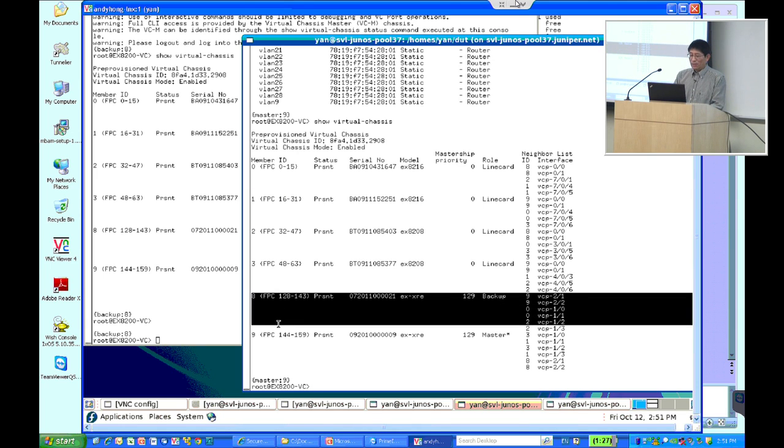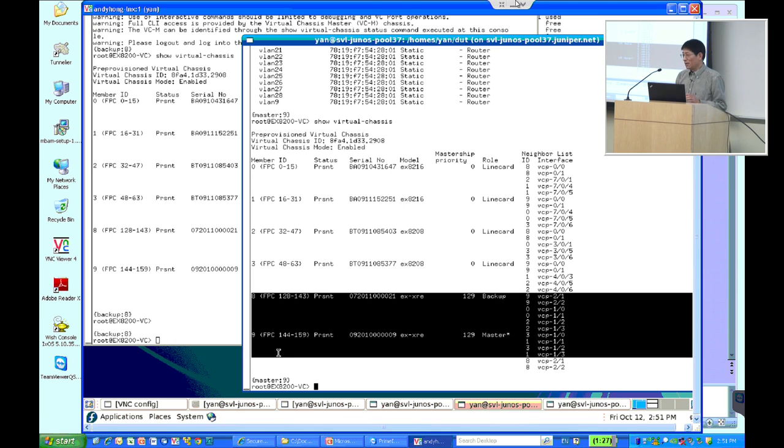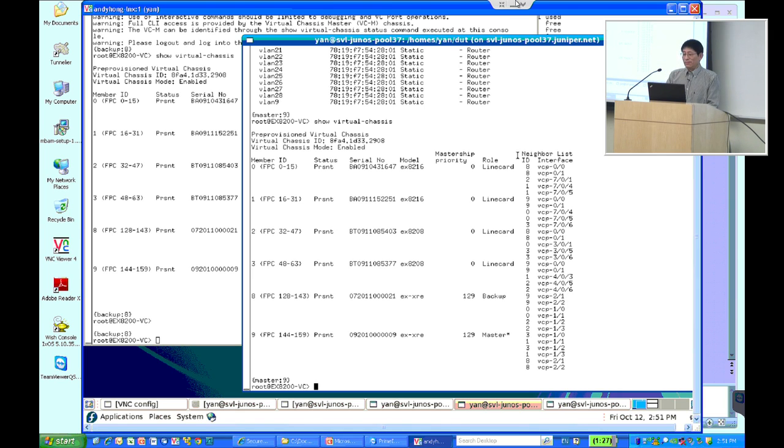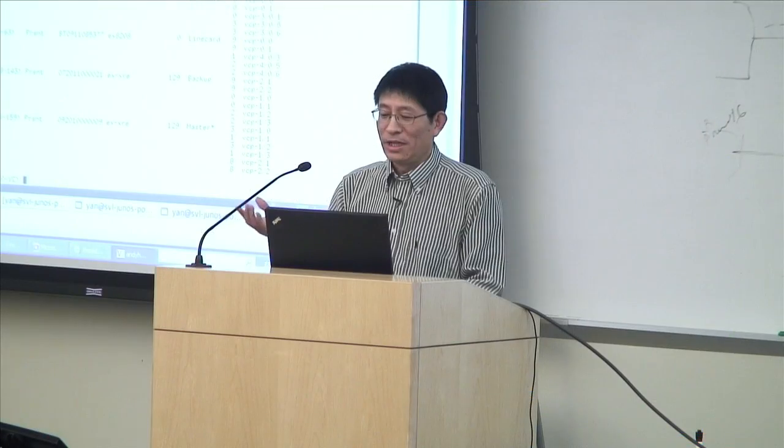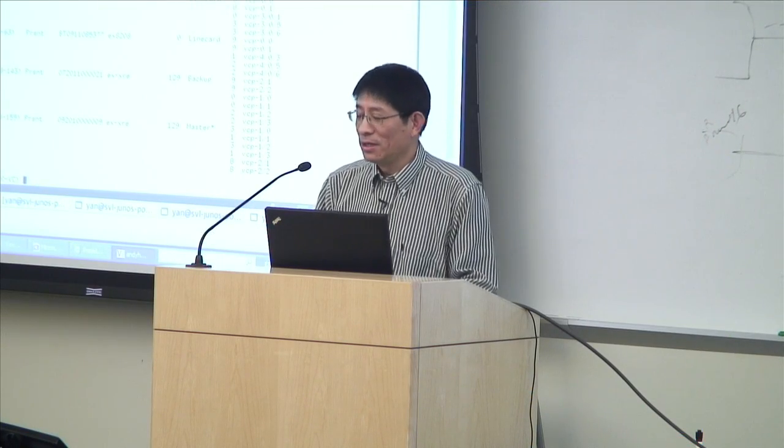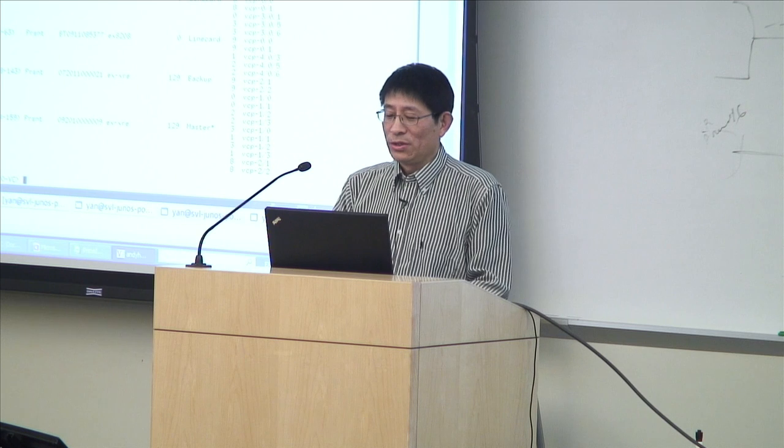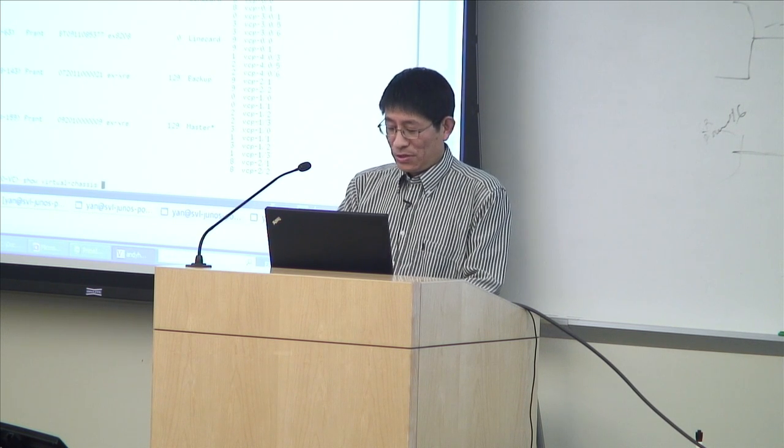Number 8 and 9 are the two extra REs to control the routing engines. So basically, this is a neighbor list, just as a neighbor list you see in ISIS, when you have a network of ISIS nodes. This is just to show that.